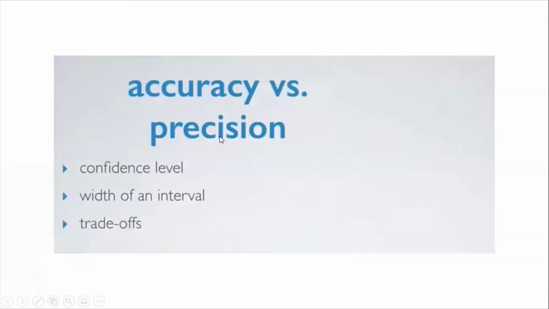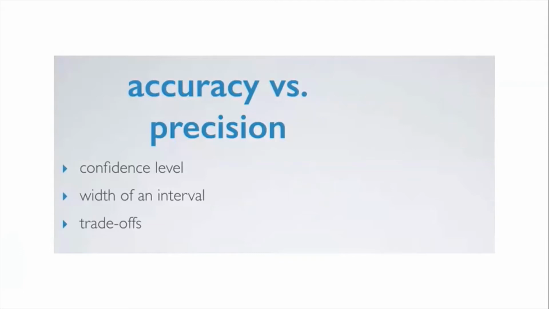Anyway, let's move on to accuracy versus precision. We already have a point estimate, which comes from descriptive statistics. Now we know how to construct a 95% confidence interval for a mean.